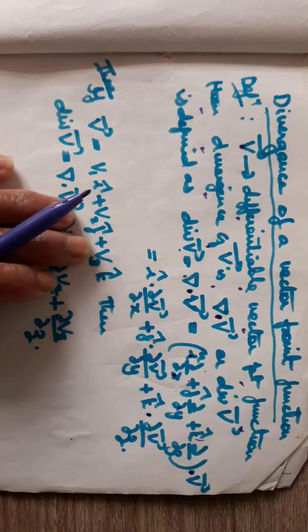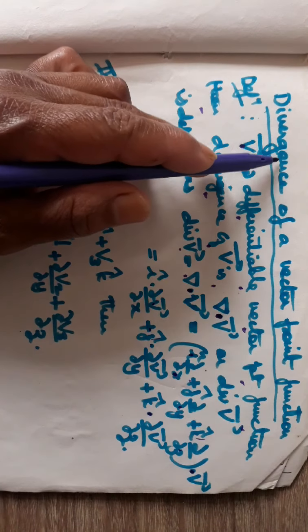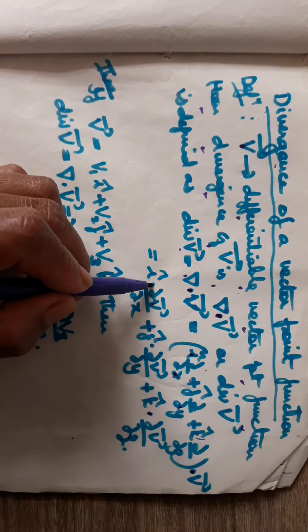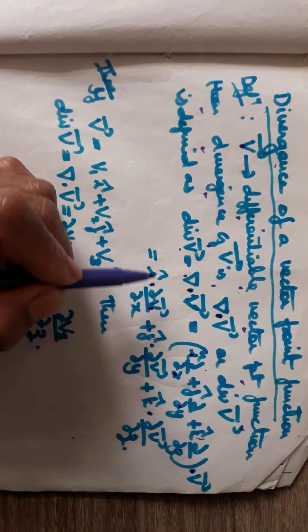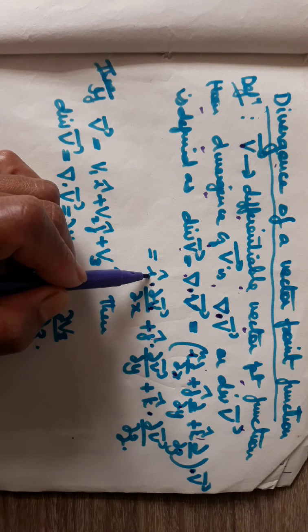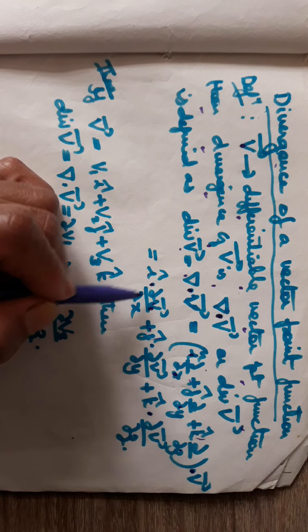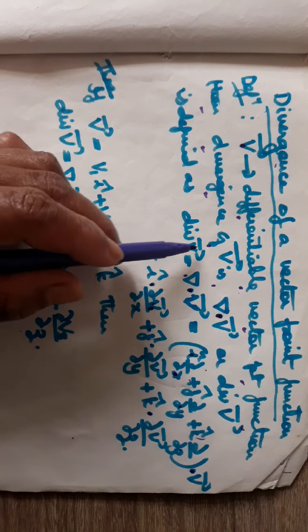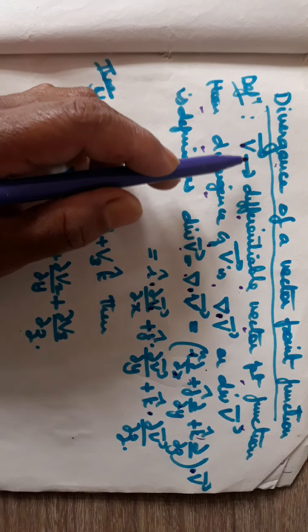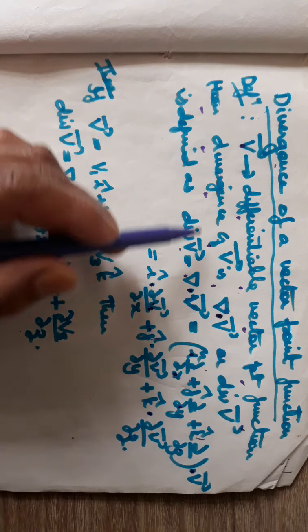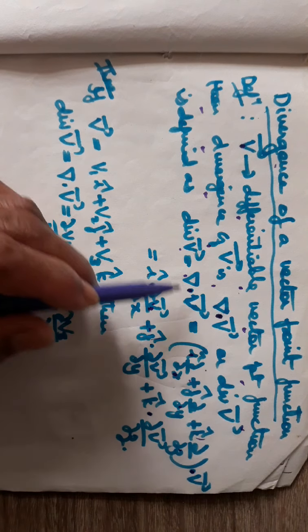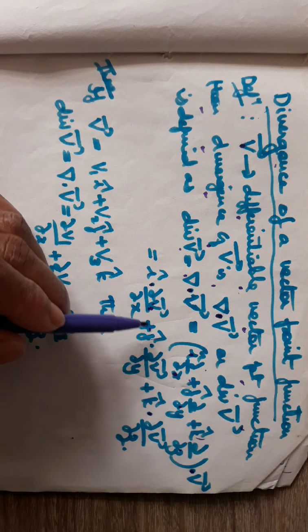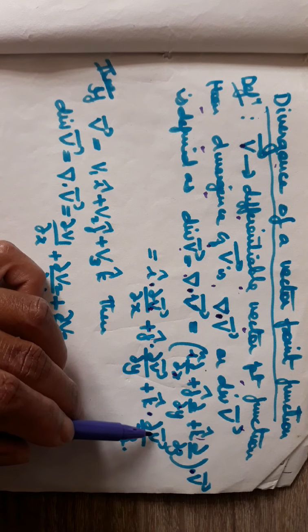So in this case the divergence of a vector point function is a scalar quantity, because when you take the scalar product of i cap with any vector, it will give you a scalar quantity. Whereas in gradient, you have a scalar function f, and the gradient of f is defined to be i del f/del x plus j del f/del y plus k del f/del z.